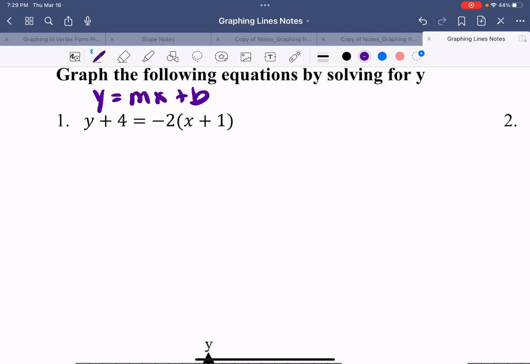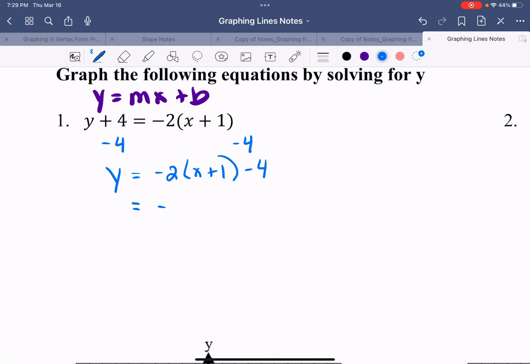All right, so let's go ahead and do some distributing, move things around. So let's start playing with this format here. Y is now equal to -2 times x + 1 minus 4. We're getting close, but now let's simplify and distribute, okay?